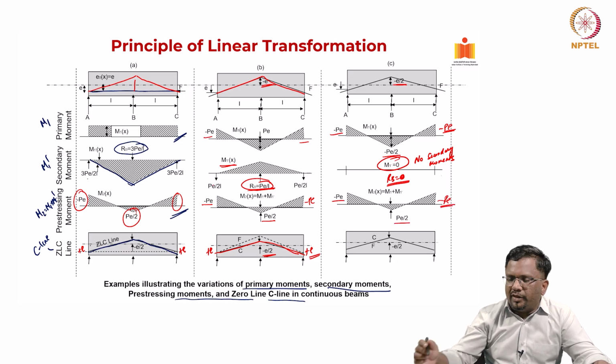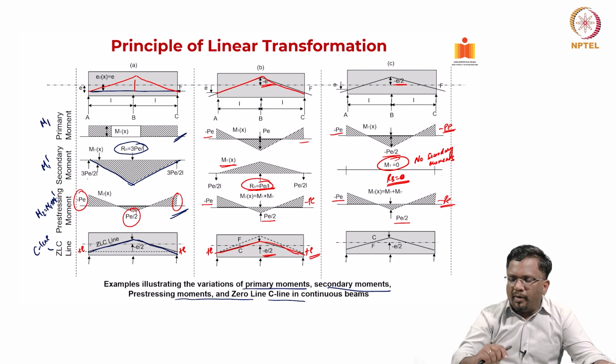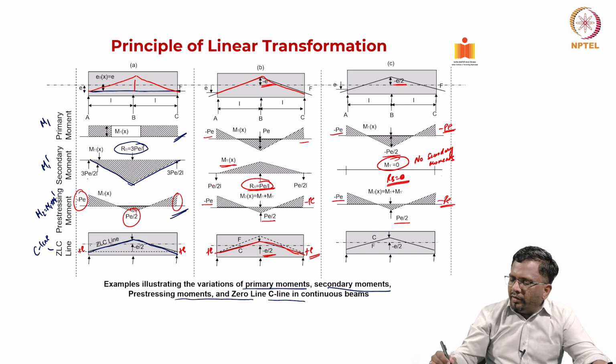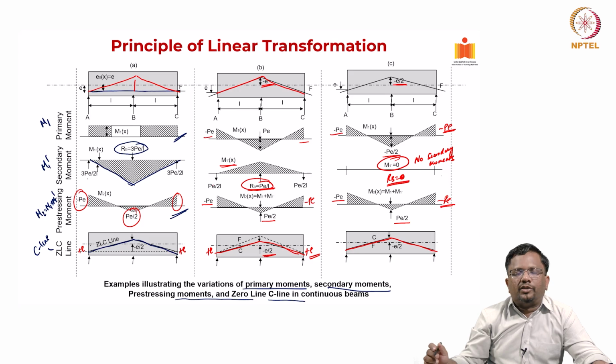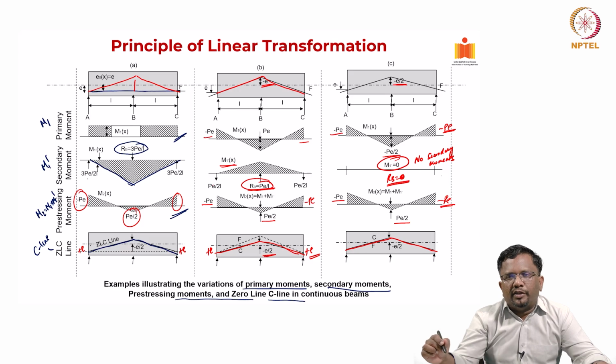So, in all the 3 cases, though I have linearly transformed the cable profile, my M2 diagram has not really changed. Similarly, my 0 load compression line or C line or thrust line, that has also not changed, but there is a cable profile that is giving me 0 reactions while I do pre-stress, that leads to 0 secondary moments.